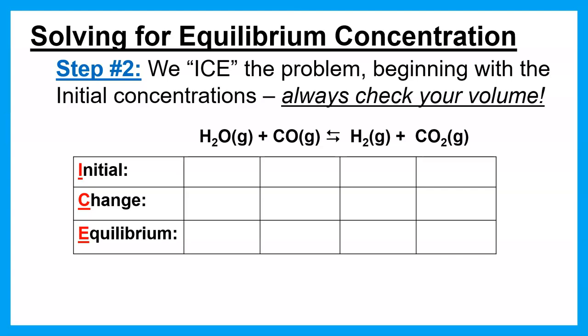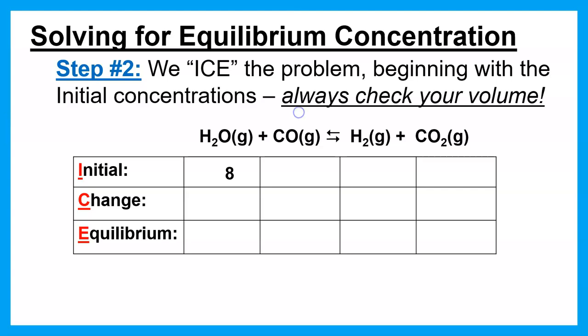But if it was a 2 liter container or a 1.5 liter container, you may make a mistake and plug moles into your chart and not concentrations. Remember, concentration is moles per liter. So if you don't have a 1 liter container, you have to mathematically make sure you're converting into concentrations. Please be careful about your volumes.